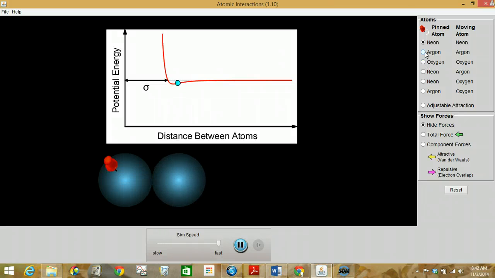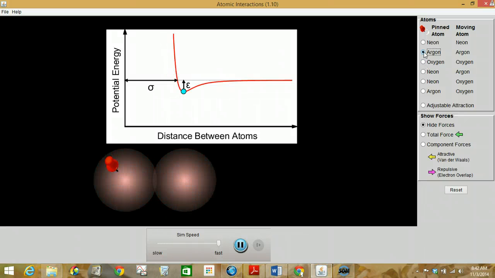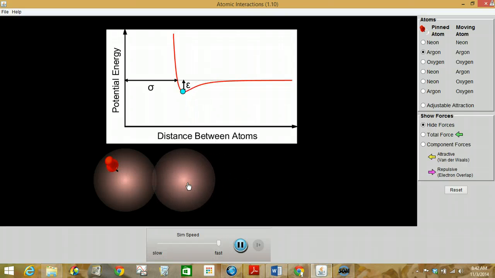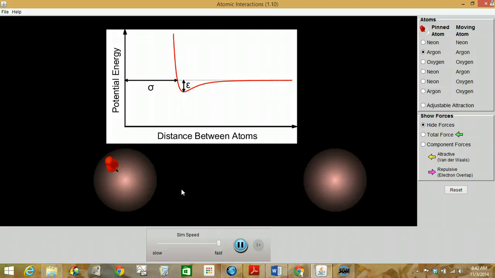And next we'll move on to the argon-argon. And we're going to move it away and towards. Closer.